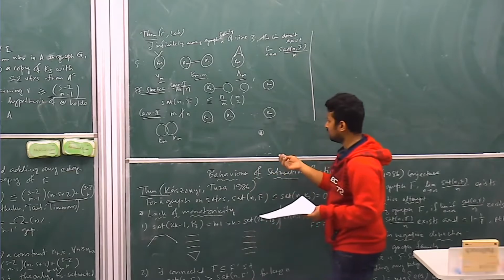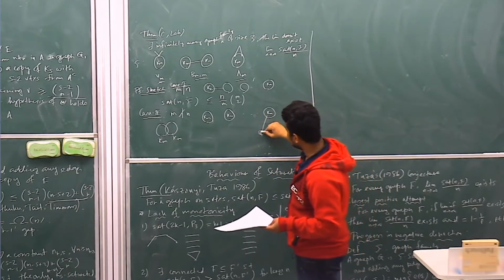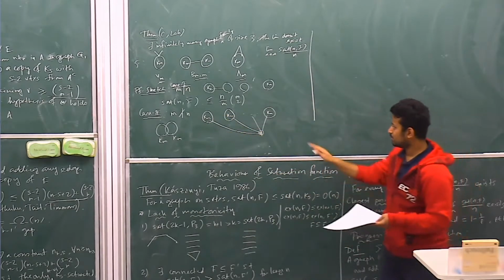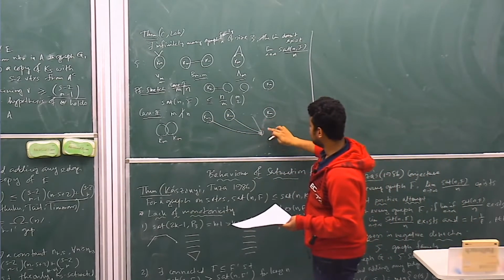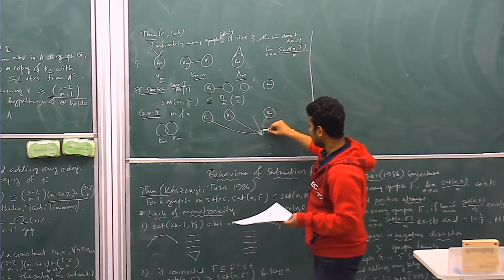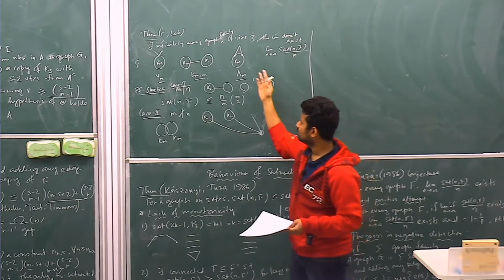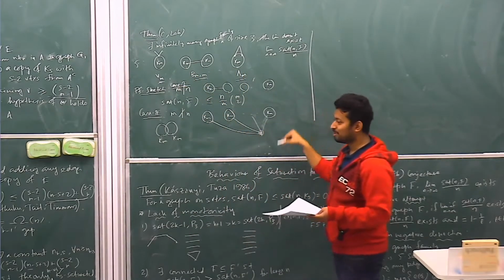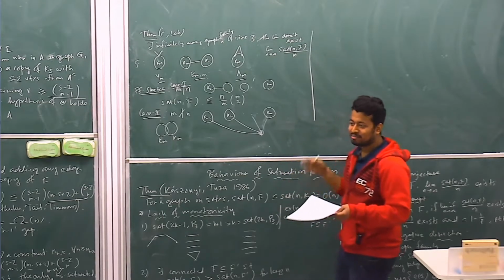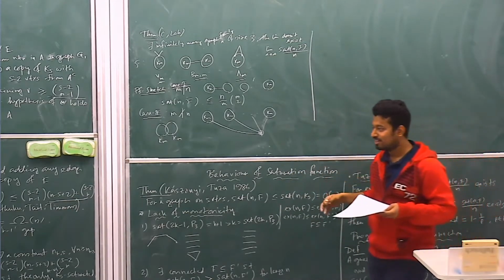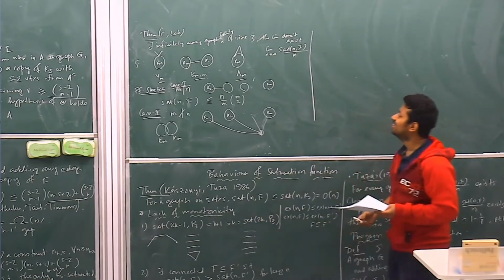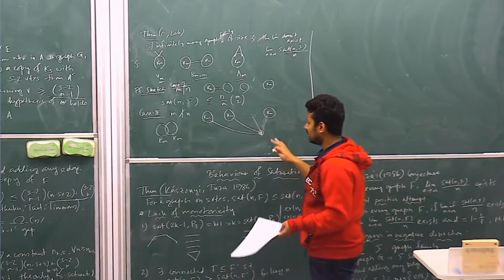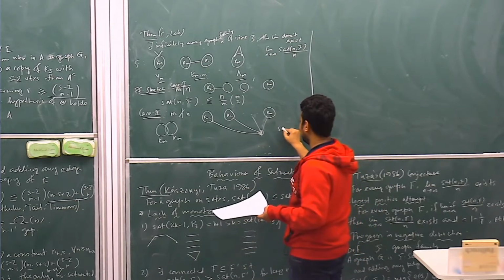From these leftover vertices, you should have at least one edge to each of these K_m's. Because suppose this is a copy of K_m, and from the leftover vertices you don't have any edge, then adding any edge would not create any of these graphs, because to create one of these two, you need to have at least one of them present already. Again, I'm just saying a rough idea, not giving a proof. This turns out to be the worst case, but this needs some proof which I'm not doing.